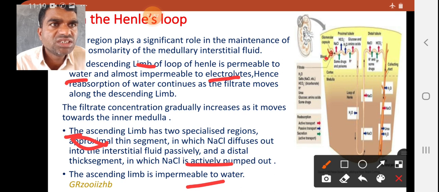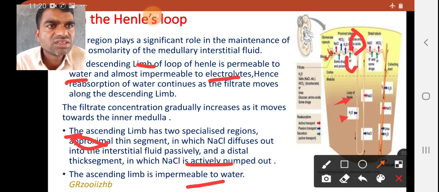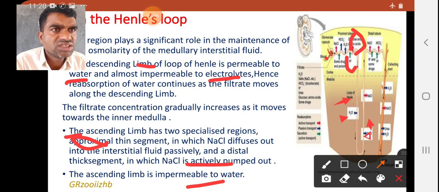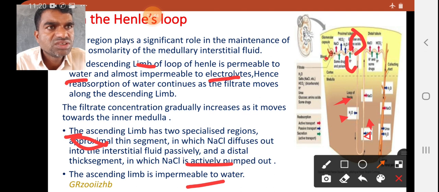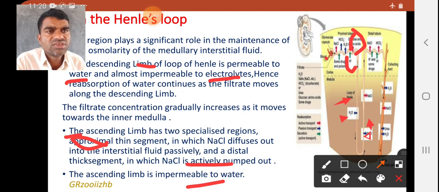Here NaCl, bicarbonate ions, some drugs and poisons are handled; glucose and amino acids are actively transported, along with H+ ions. From the PCT, the filtrate now reaches the descending limb of the loop of Henle, where H2O molecules are reabsorbed. From the descending limb to the ascending limb, NaCl is eliminated, and then only H2O molecules reach the distal convoluted tubule, the DCT.